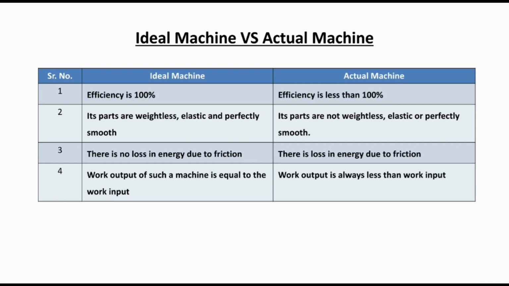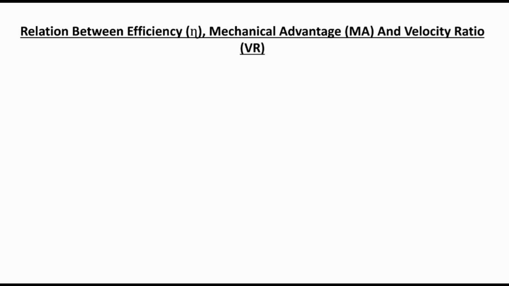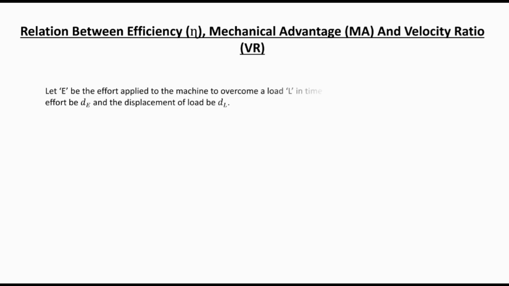Okay, now next, relation between efficiency, mechanical advantage and velocity ratio of a machine. So if E is the effort to be applied to the machine to overcome a load L in time t, let the displacement of effort be dE and the displacement of load be dL.